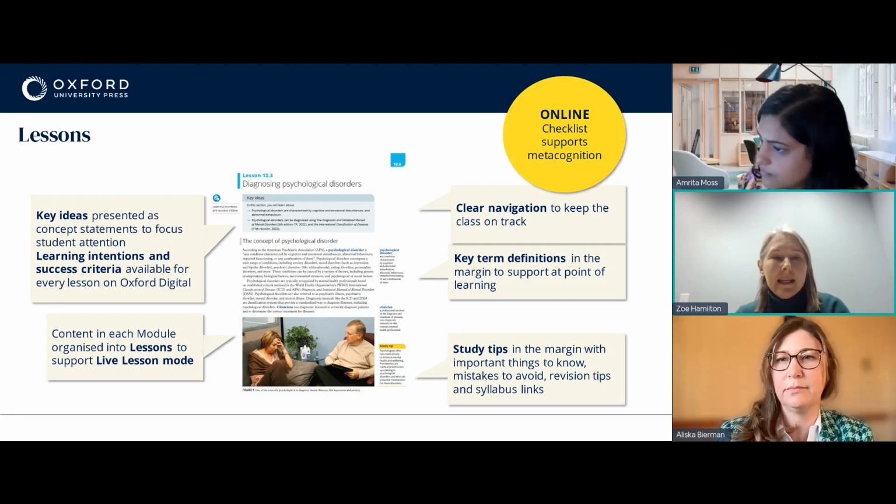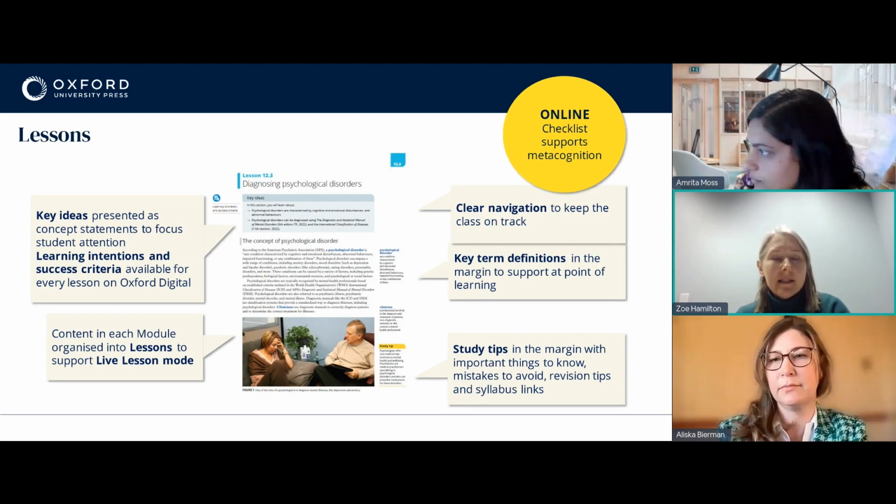Right, so once we get into the student book, we have our list of key ideas at the beginning of each lesson, and they are phrased as concept statements, and we also include a link to learning intentions and success criteria. They're available for every lesson, and they are based on the syllabus dot points.